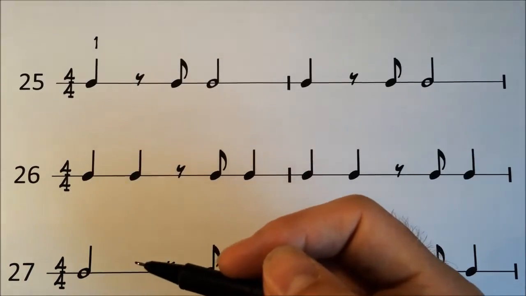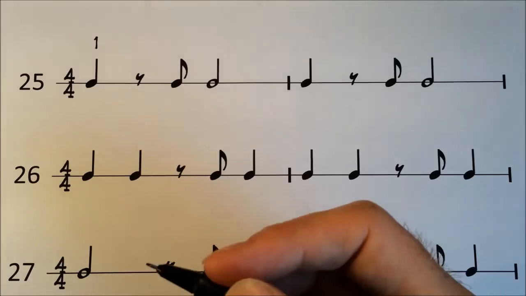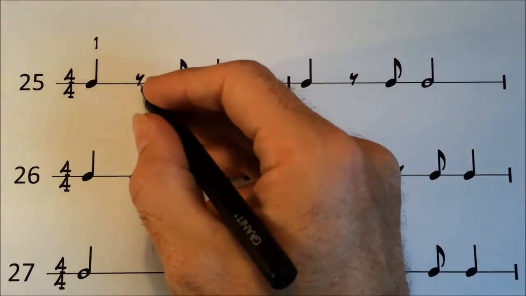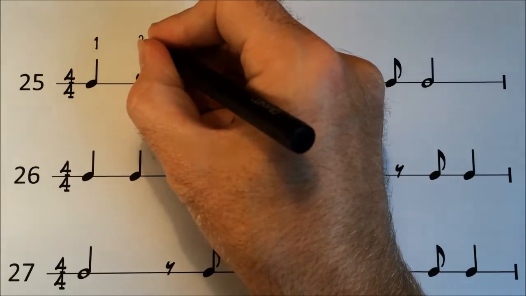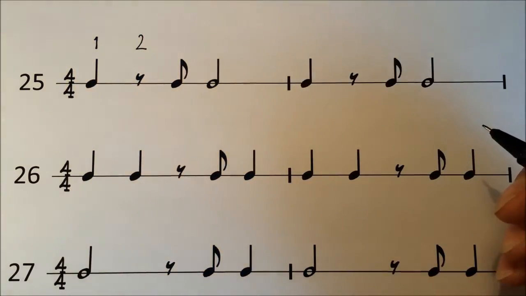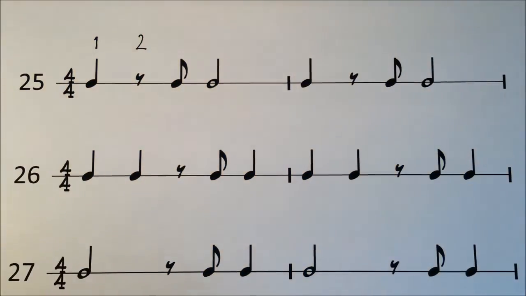So the next thing that we have in the bar would then start on the second beat, and here's our eighth rest. So we'll go ahead and put a 2 straight on top of the eighth rest, and like we said, it's half a beat, so that only covers the first half of the second beat.